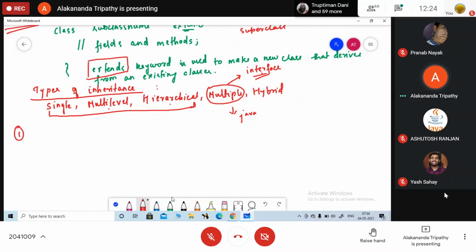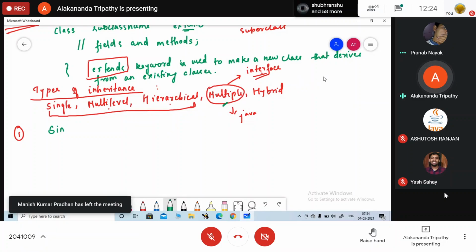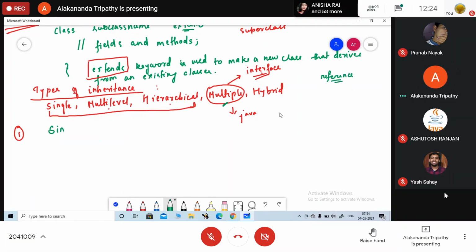First one, single inheritance. Yes? Ma'am, why is Java known as that? Purely object-oriented language. Okay, one point here is multiple inheritance. Another point is we are using the concept of reference, the class objects we studied earlier. Yes, ma'am.